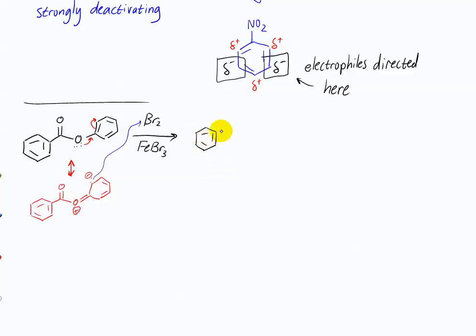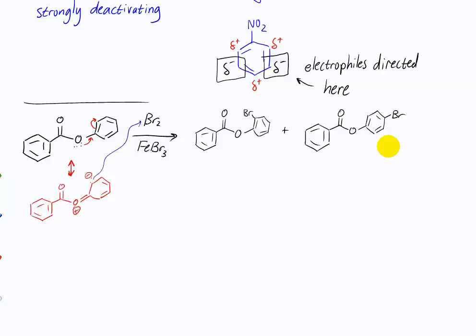So the likely products here are the ortho and para addition to the ring on the right. Okay.